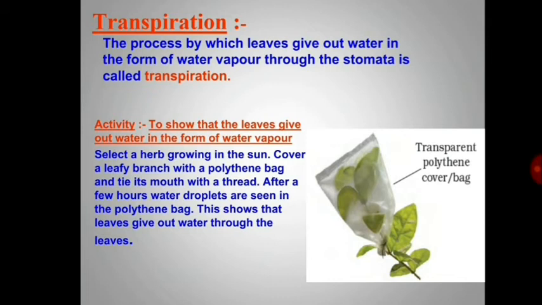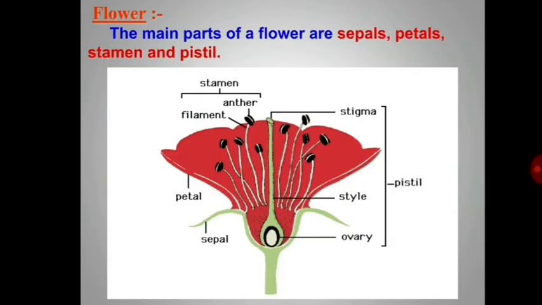From where have these water droplets come? These water droplets have come from the leaves. Leaves have given out these water droplets in the form of water vapor and it condenses inside the polythene bag and converts into water droplets. So this shows that leaves give out water.